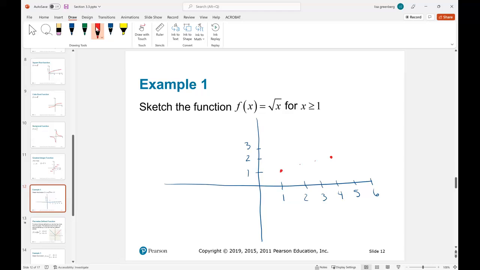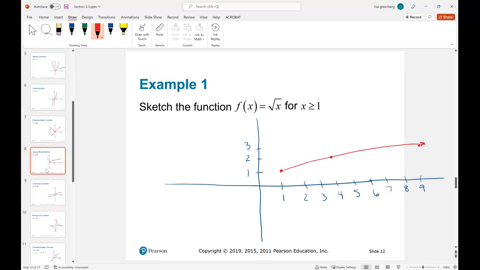And really, until I get to 9, I can't graph the 3 point. So 7, 8, 9. And just like I said before, it's increasing, but at a very slow rate. It's not a straight line, but it's sloping up really slowly.